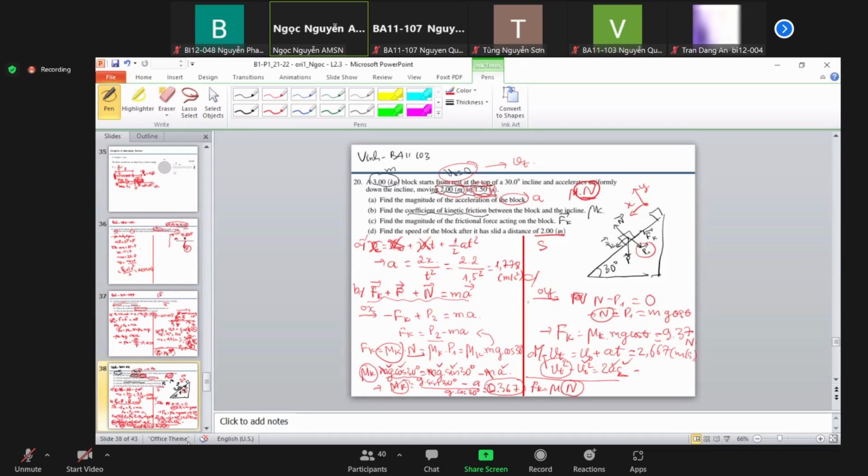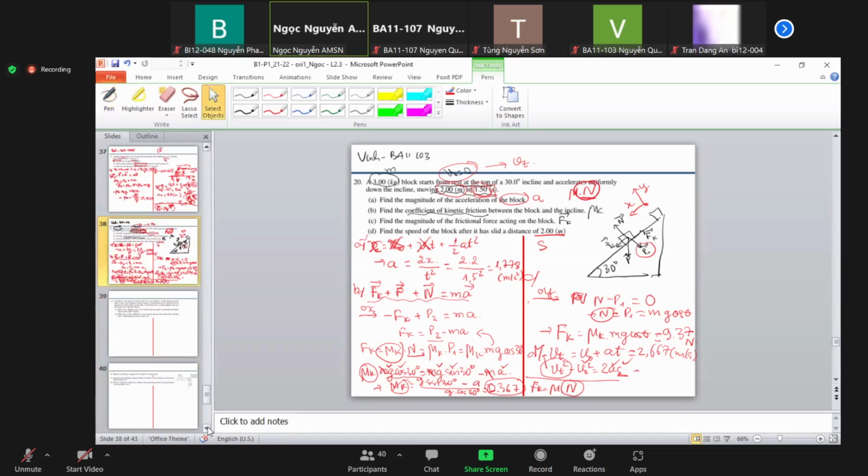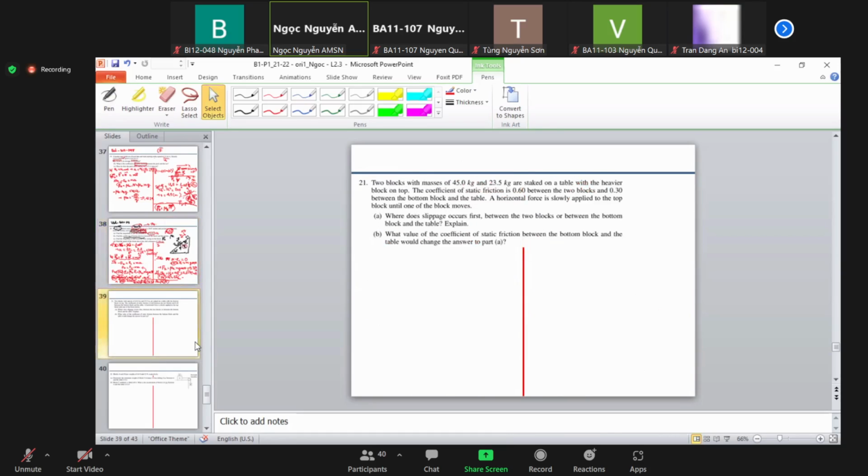So now we can move to the next problem, where you have to understand both mu s and mu k. In this problem we have two blocks with different masses, stuck on a table, with a heavy block on the top. I call them M1 and M2.